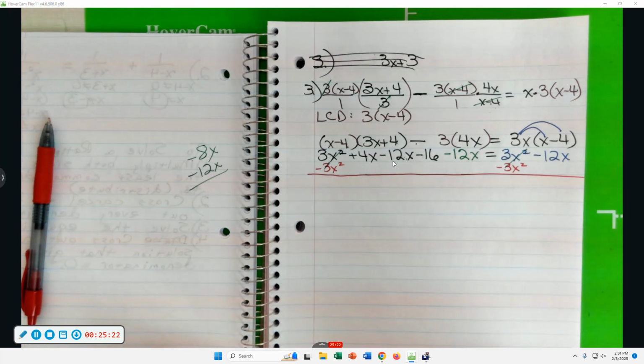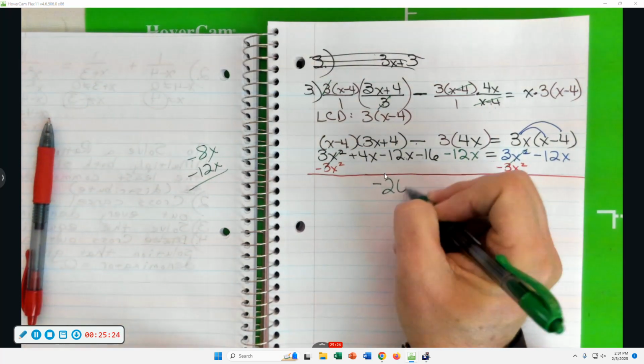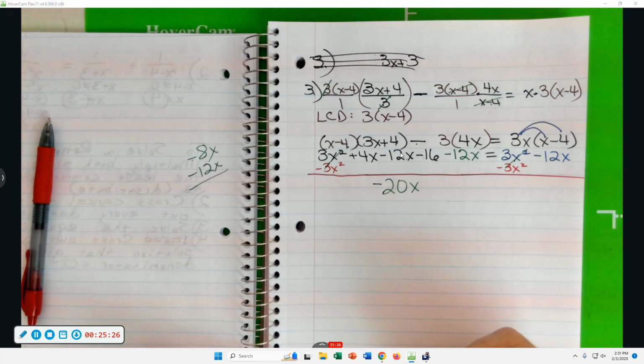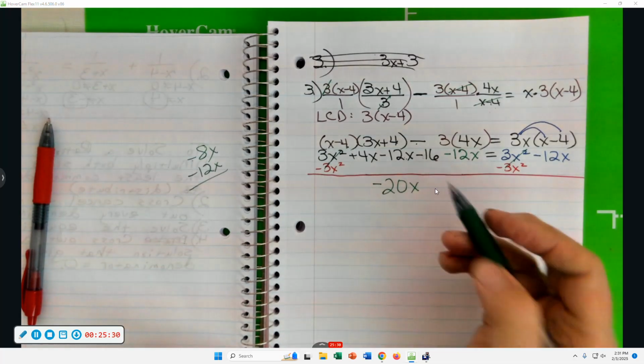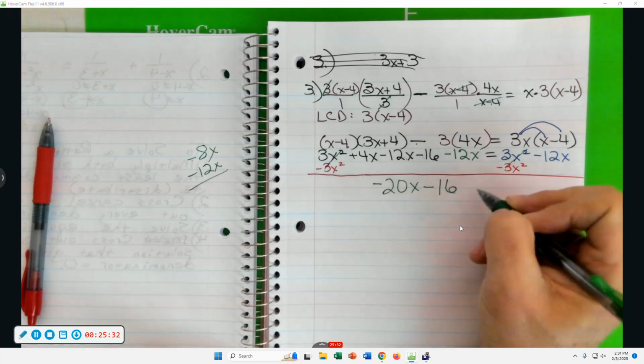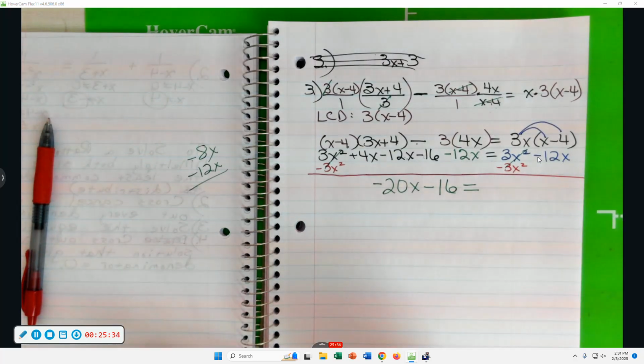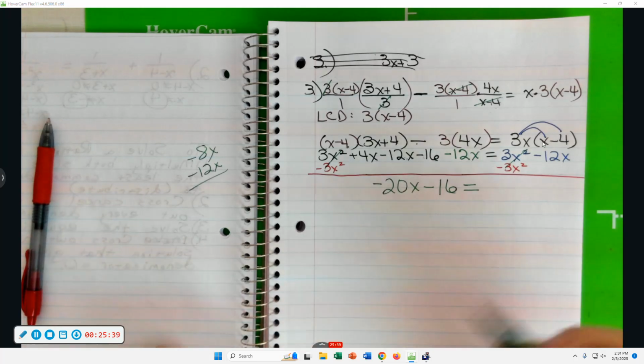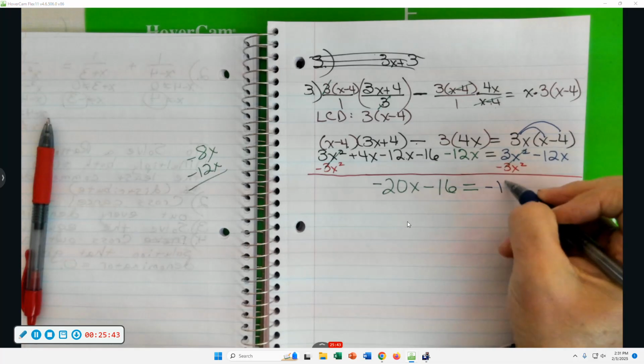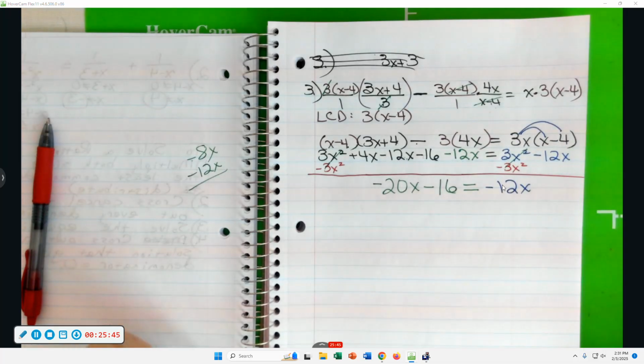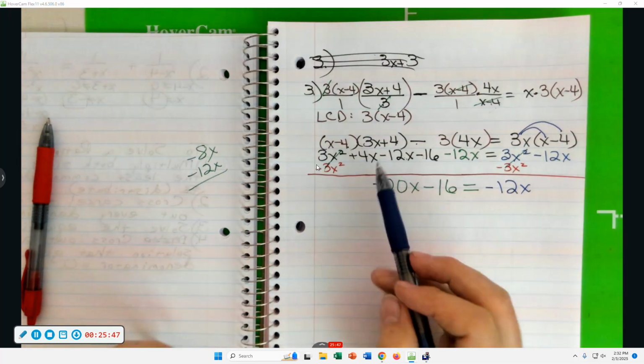Negative 20. A negative 20x. And we still have something else on the left side. What is it? The minus 16. What have we got on the right side at this point? There's only one thing. That blue negative 12x. Any questions on my logic there? Or on the algebraic manipulation?